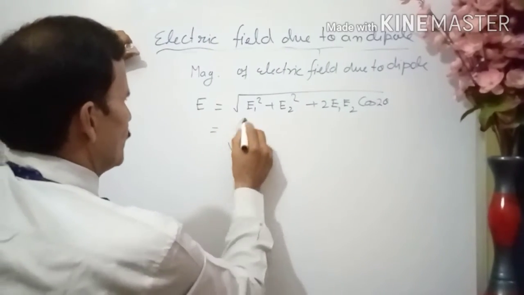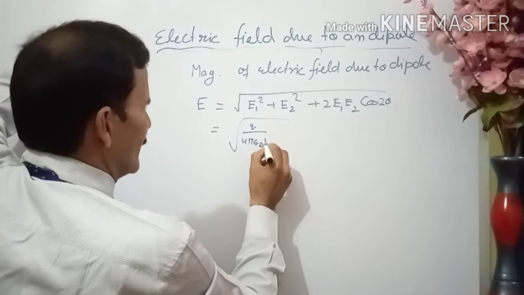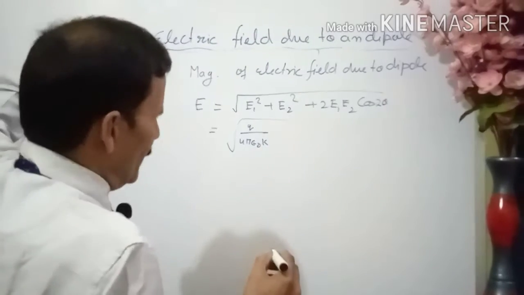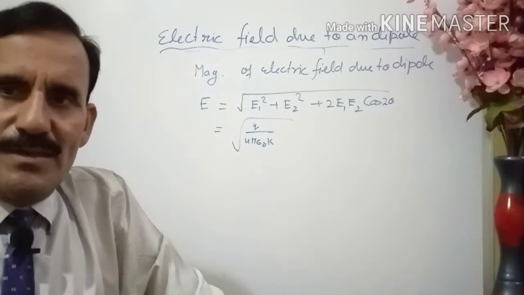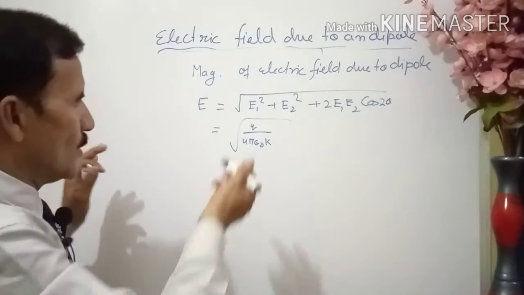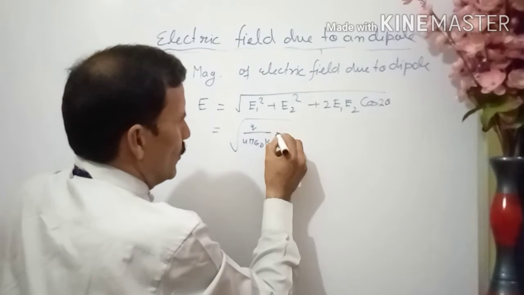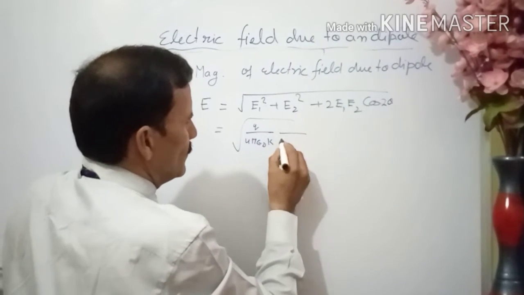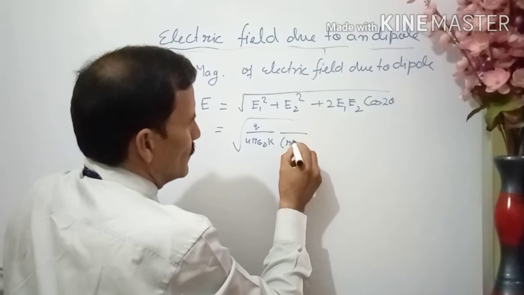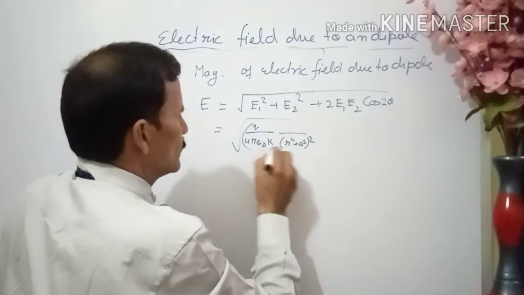Okay. So now put the values. When you put the values, it is q upon 4 pi epsilon naught k. Put k, or you can put without k also if we suppose that there is free space, so there is no problem. It is equal to how much? We have already written q upon r square plus a square, whole square.